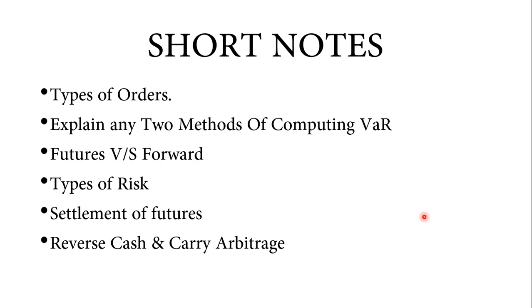Second, explain any two methods of computing VAR. Third, futures versus forward. Fourth, types of risk. Fifth is settlement of futures. And the last one will be reverse cash and carry arbitrage. These are the first set of short notes that you need to cover.